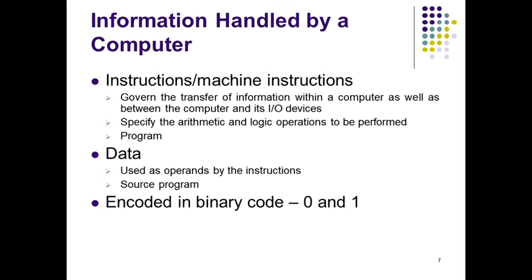The source program is the input data to the compiler program, which will translate the source program into a machine level program. So to the compiler, the source program or a high level program is the input data. The compiler will convert that input data into a machine language program.